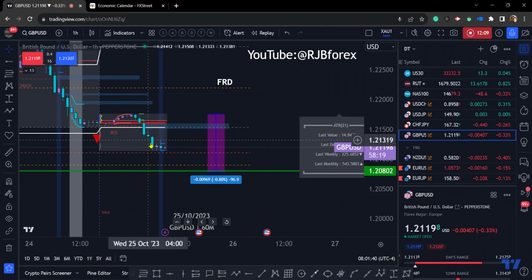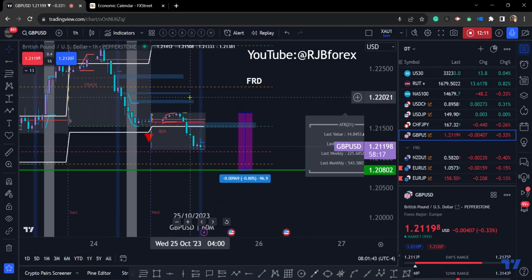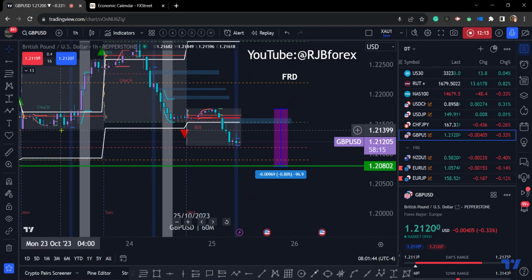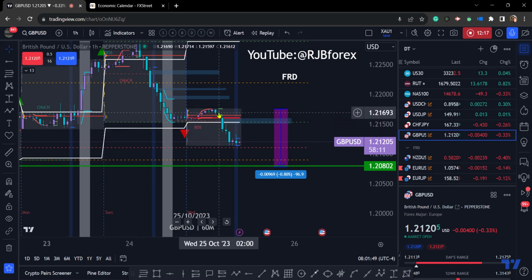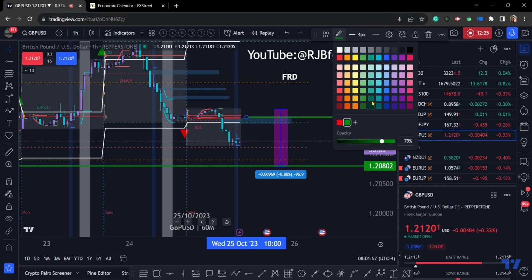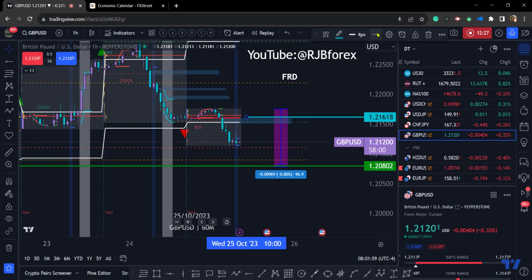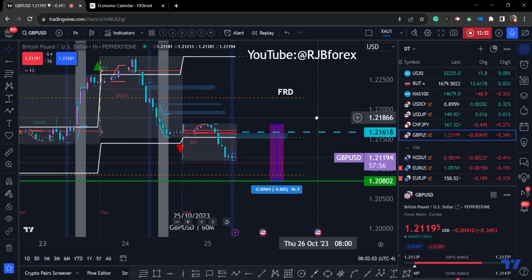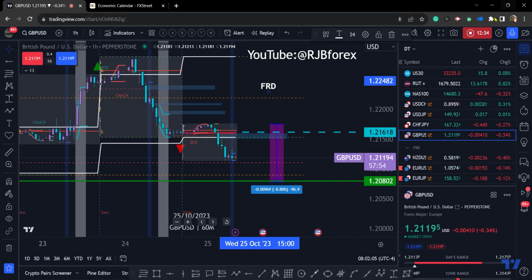So maybe we'll get a pump up towards the low of yesterday, the low of Monday, low of the week, the prior low of the week, that meets yesterday's closing price, thereabouts.